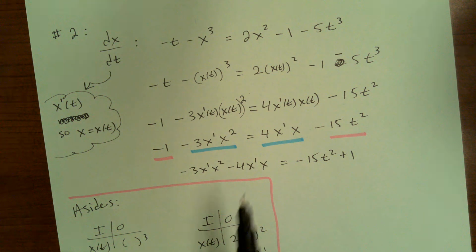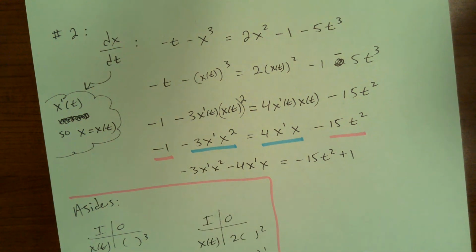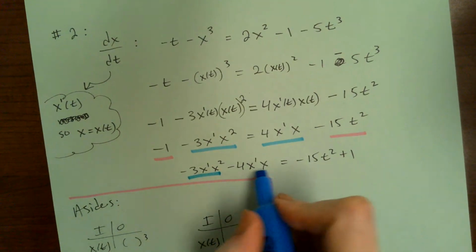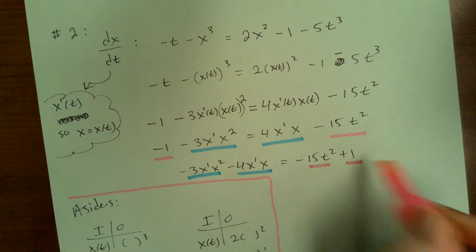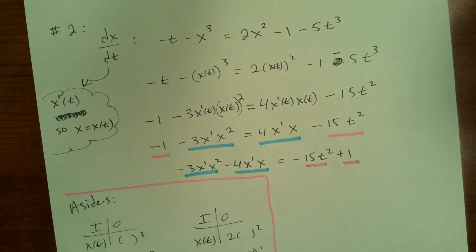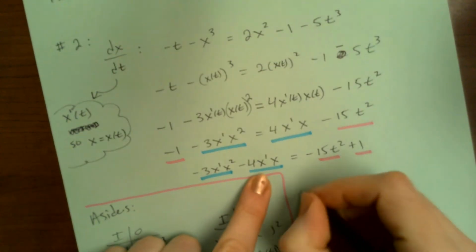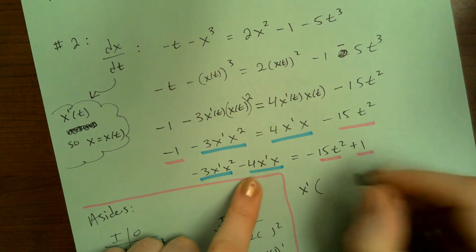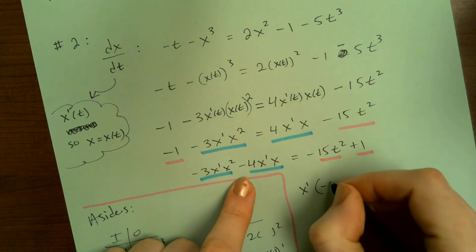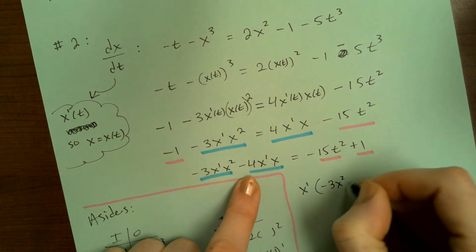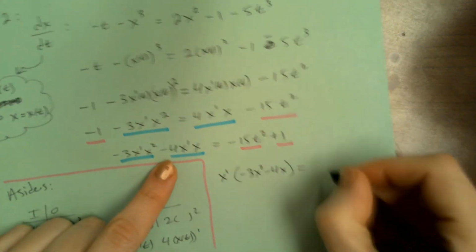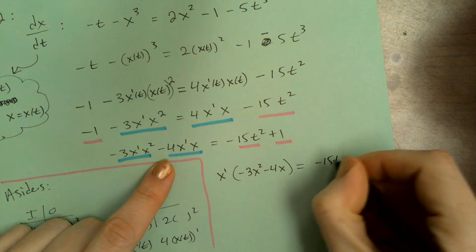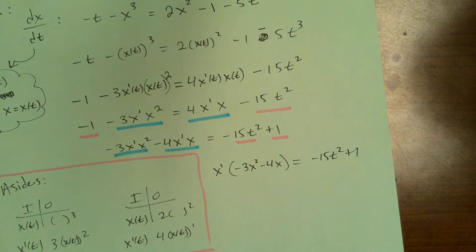Next step. Since these are both x prime terms, you could factor out an x prime. So in this next step, I'm going to take out an x prime: x prime times negative 3x squared minus 4x equals negative 15t squared plus 1.